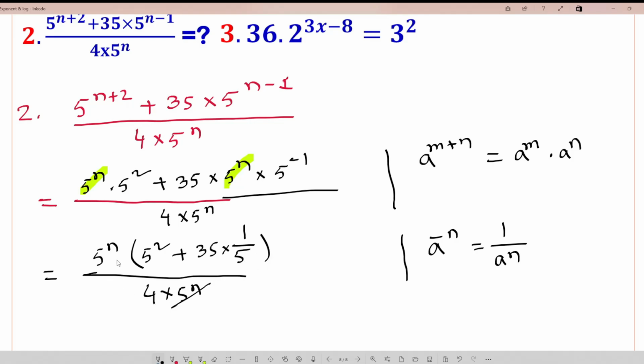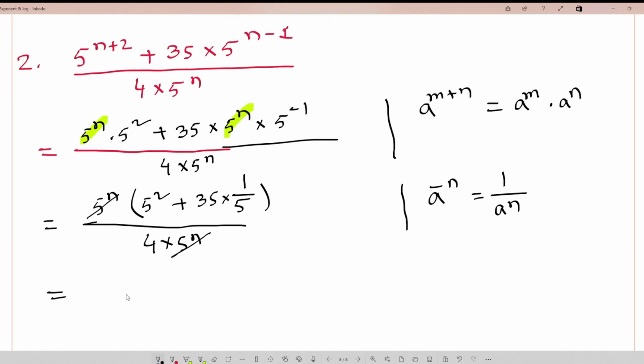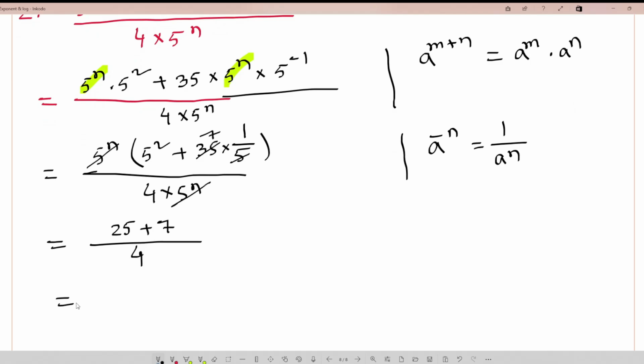So this 5 to the power n and this 5 to the power n cancel out, right? Then 5 squared means 25, plus 35 divided by 5 means 7. So 25 plus 7 means 32, divided by 4. Once we divide 32 by 4, we get 8. So our answer is 8. Easy.